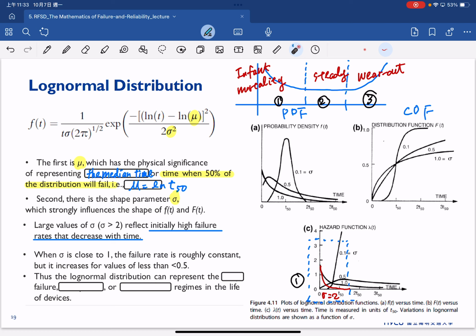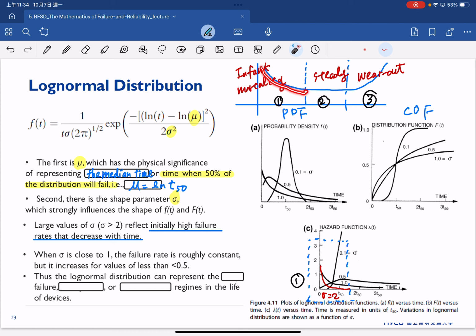As already said, the shape parameter will highly influence the f(t) and F(t), and also highly influence our failure rate function, which is the hazard function. So if we play a trick and put sigma as large as possible, basically we can use this part to model this region.